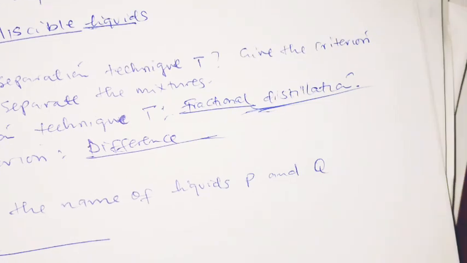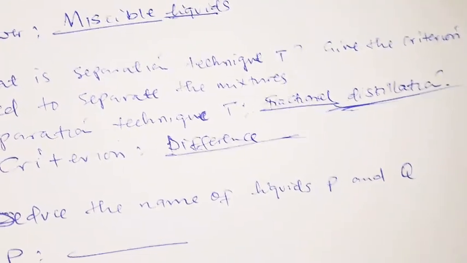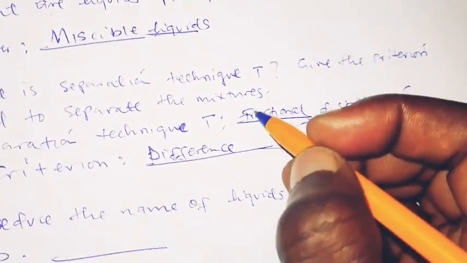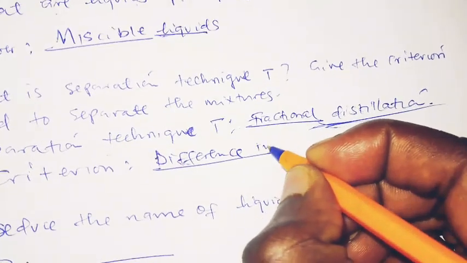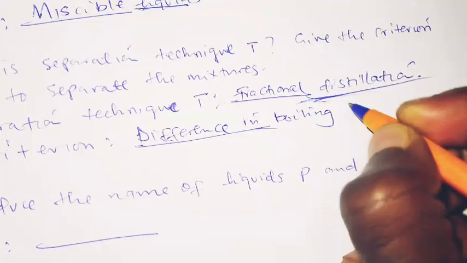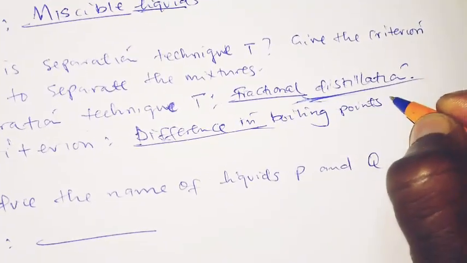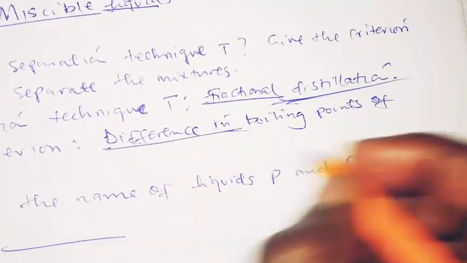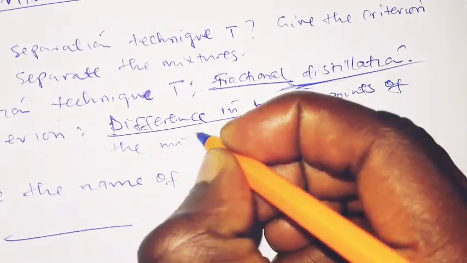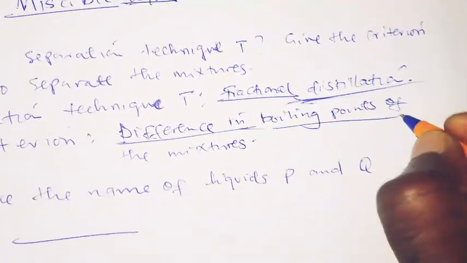So here you take advantage of their boiling points. So we are saying the difference in boiling points of the mixtures.